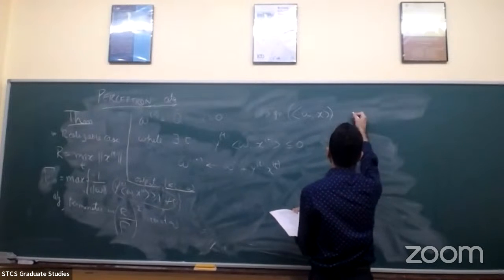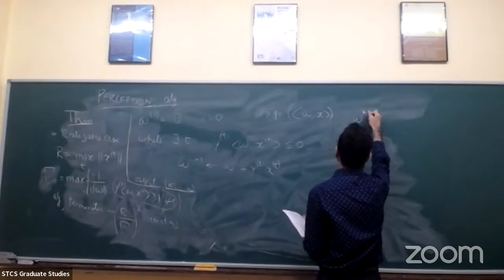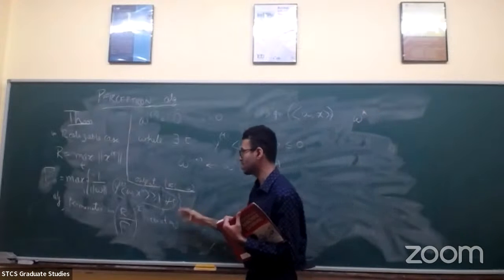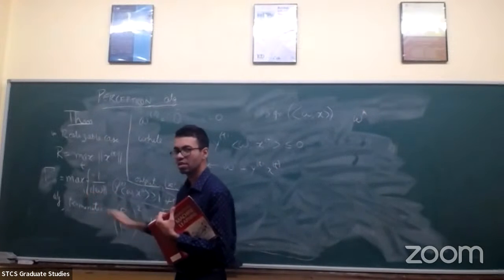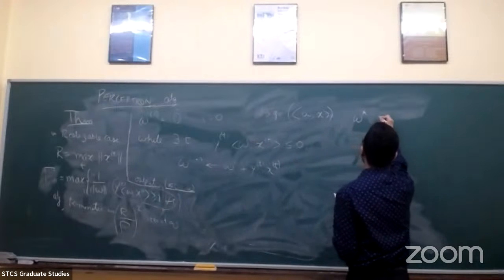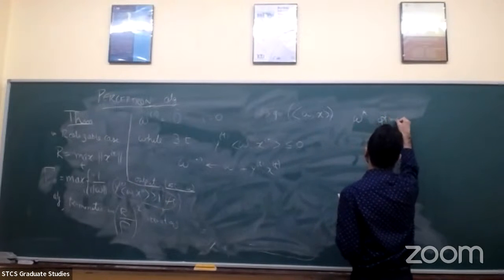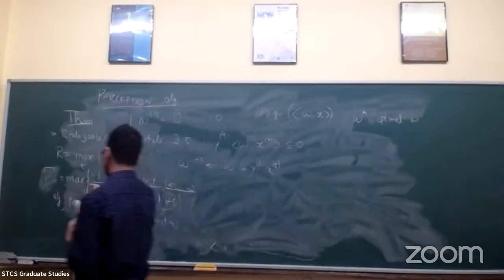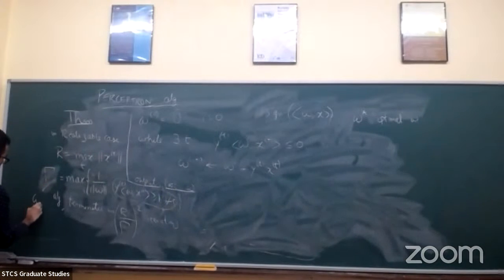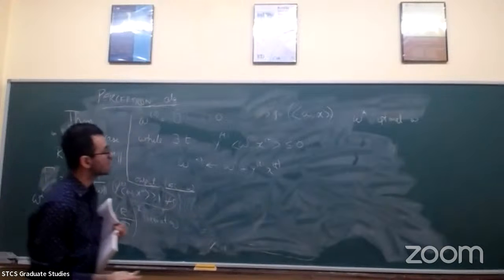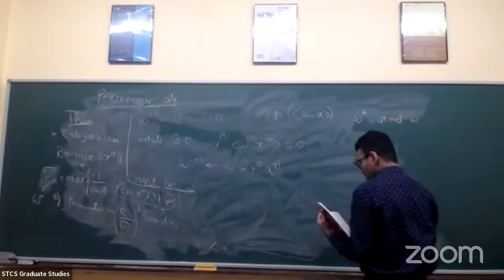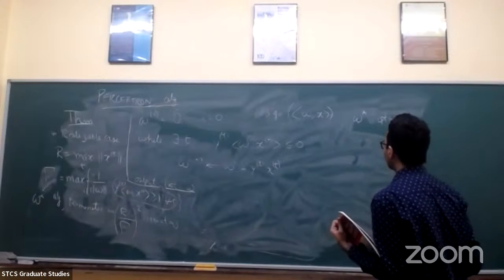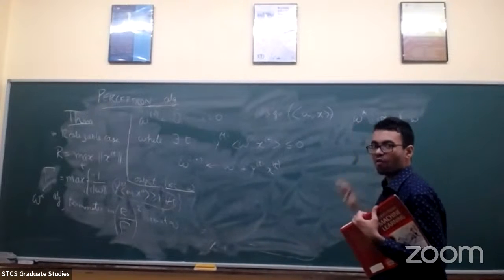Remember I have some optimal W star. So W star is the W which maximizes this. So think of some optimal W star, and I want to argue that my angle with this W star always keeps getting better.